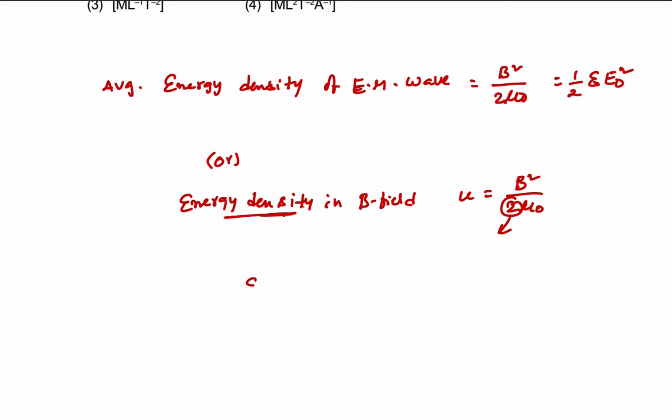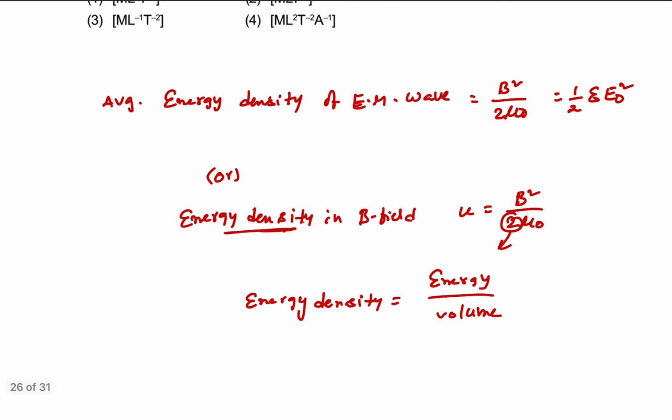Anyway, 2 is a number, it will not have any dimension. What is the meaning of energy density? Energy density is nothing but energy per unit volume. What is energy?